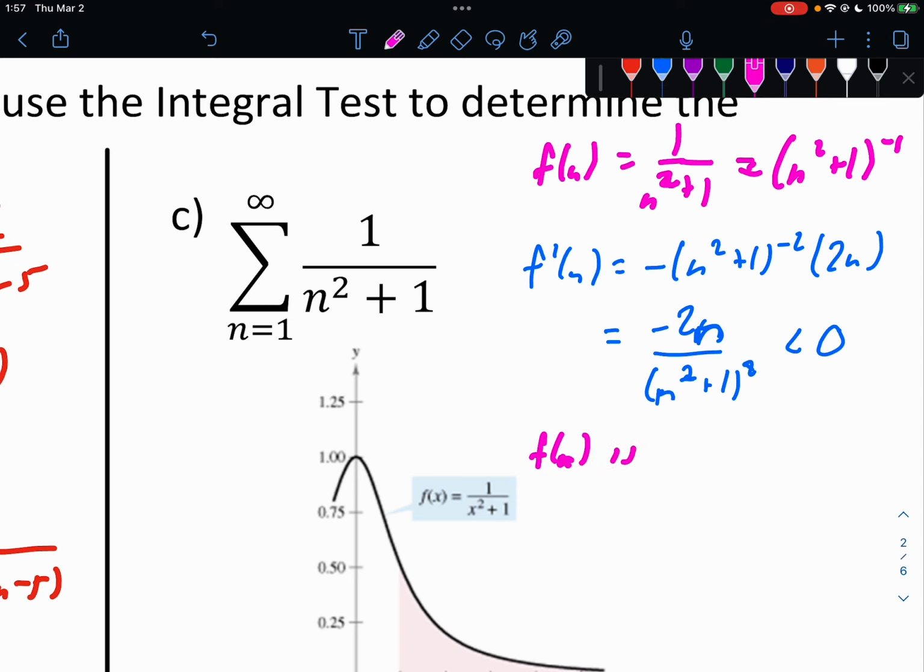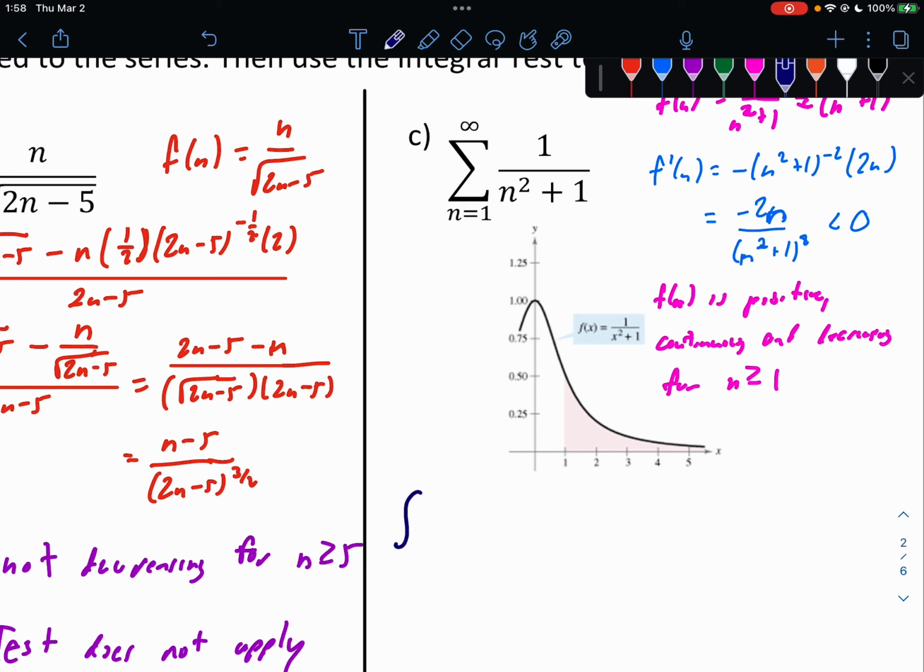Okay, so now let's apply the integral test here. So the integral from 1 to infinity of 1 over n squared plus 1 dn. We hopefully recognize that as inverse tangent. So this is going to be the limit as b goes to infinity of the antiderivative, from 1 to b, of 1 over n squared plus 1 dn.